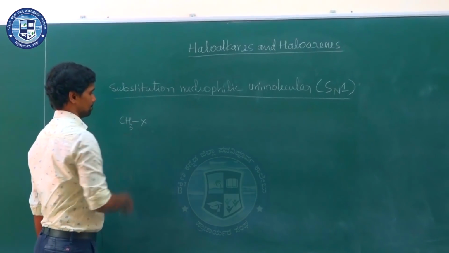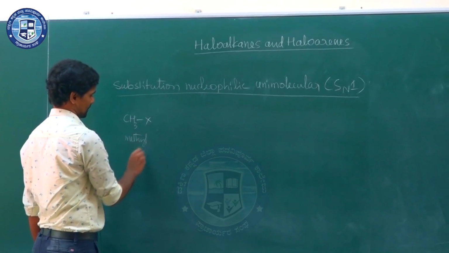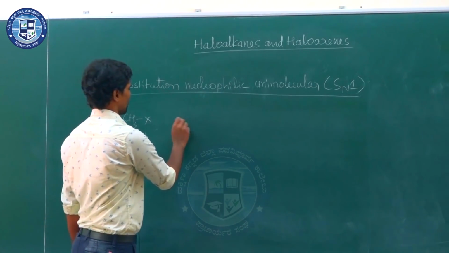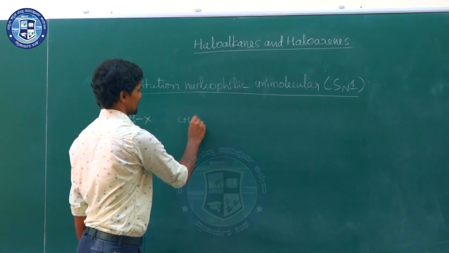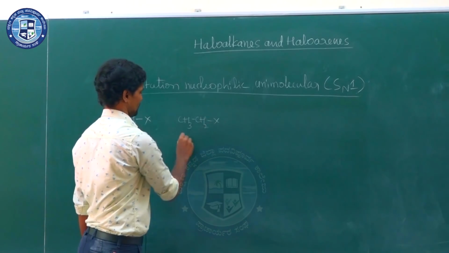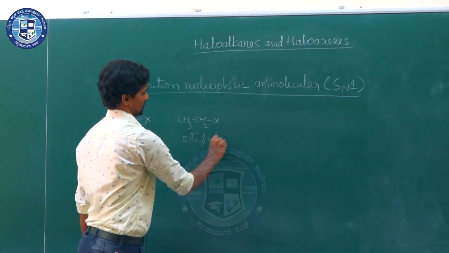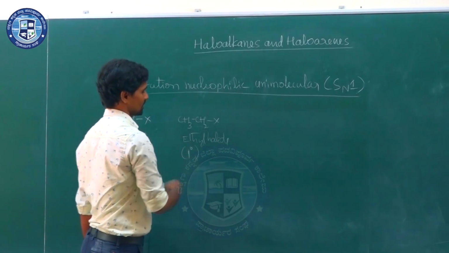Methyl halide, then ethyl halide, CH3CH2 halide. You know that this is a primary halide.